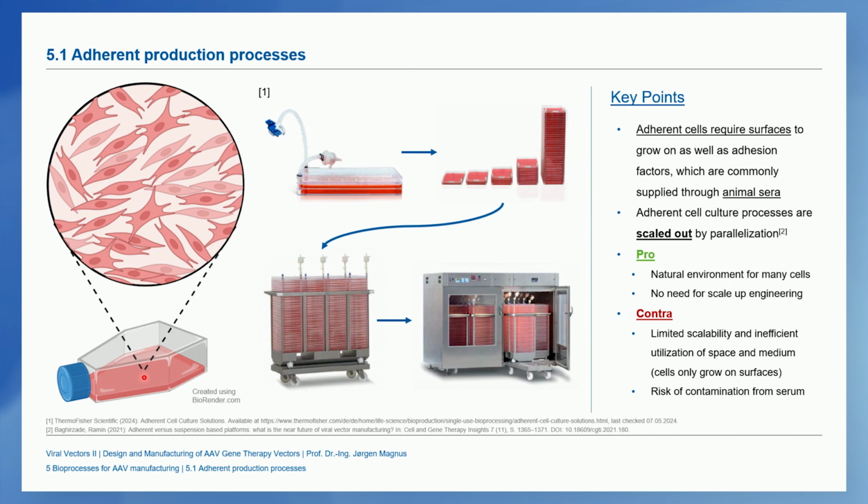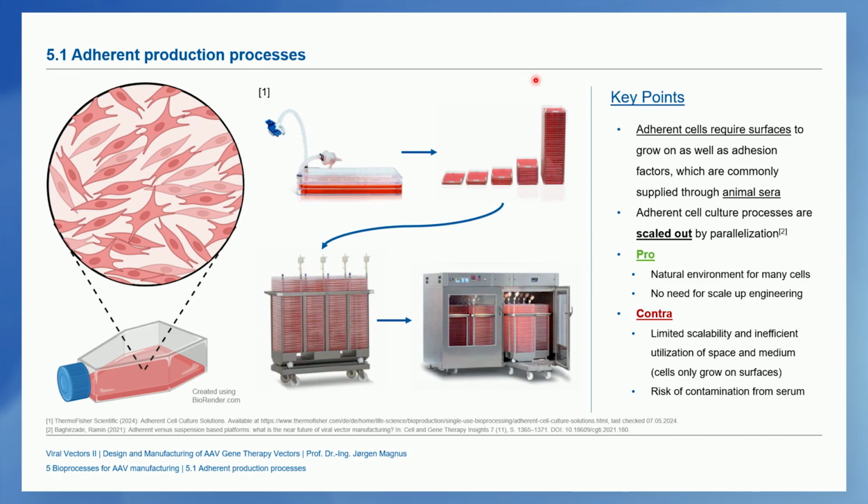So you use these plates, and they are 632 square centimeters in surface, and then you can pile them on top of each other. Here you have 40 plates on top of each other. So this is not scale up, it's scale out, because you're simply increasing the number of plates.